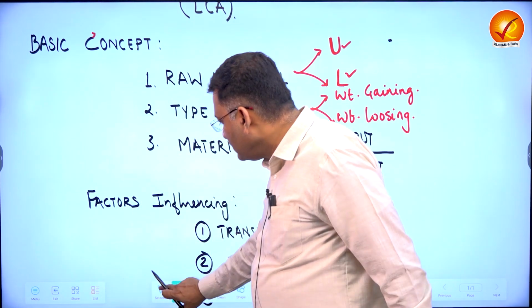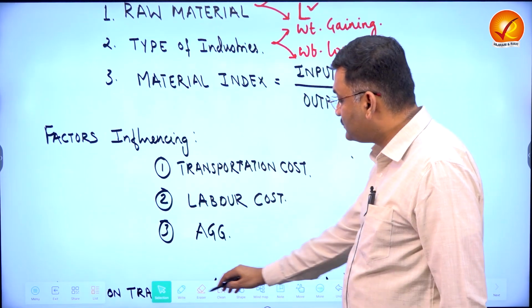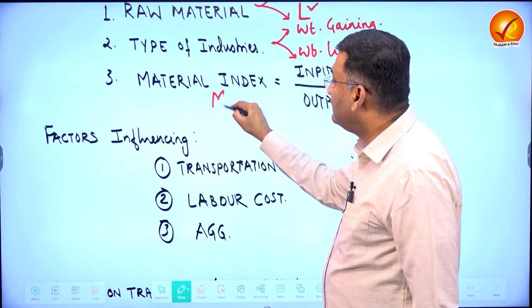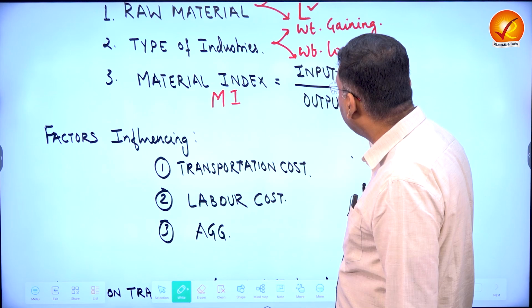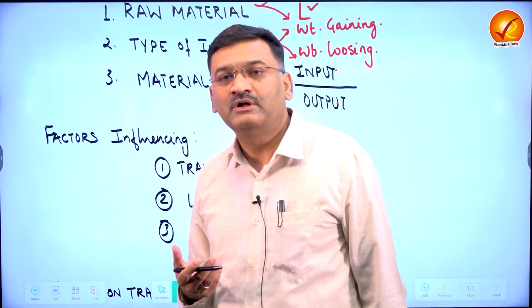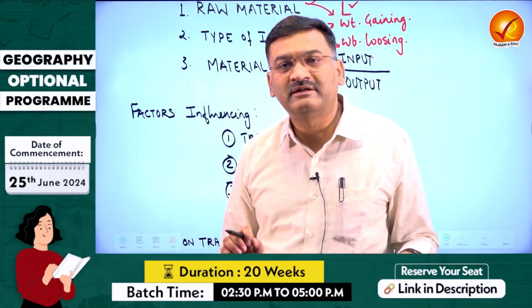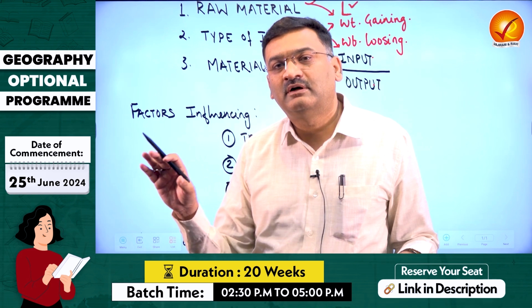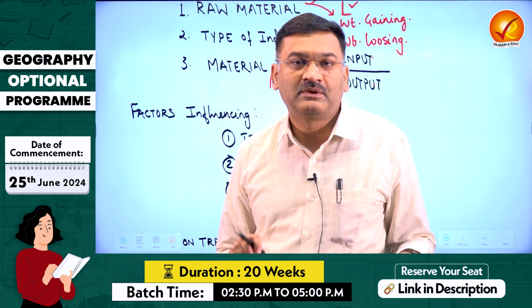Based on this, he devised an index that is known as material index. Material index is a ratio of input by output. So the numerator is the weight of raw material, that is input, and the denominator is the weight of product, that is output. If you take a sugar industry, if you have 10 tons of sugar cane, this is input, and 1 ton of sugar, this will be output.